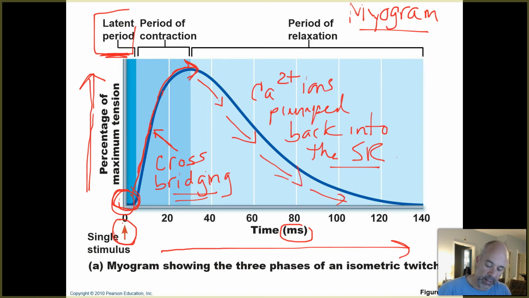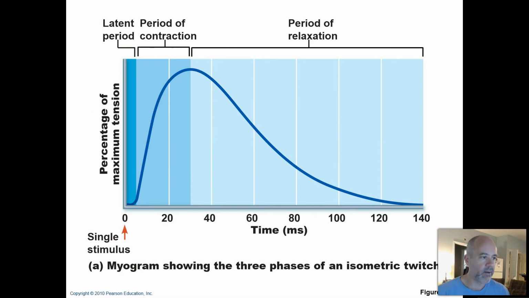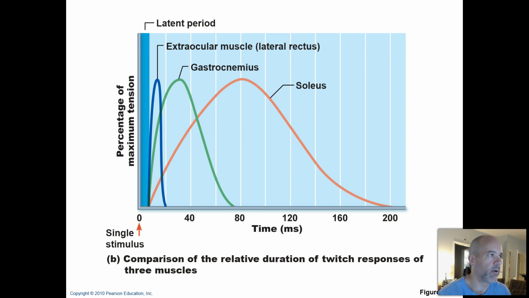You're breaking the cross bridges, and you go back to a relaxed state. And that whole thing took, what, about 130 milliseconds. So that's just a little over a tenth of a second, instantaneous as far as we're concerned. All right, so that's called one muscle twitch.